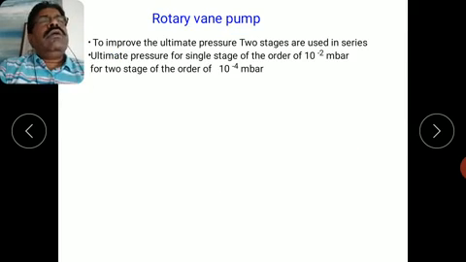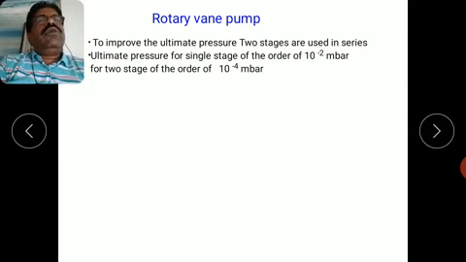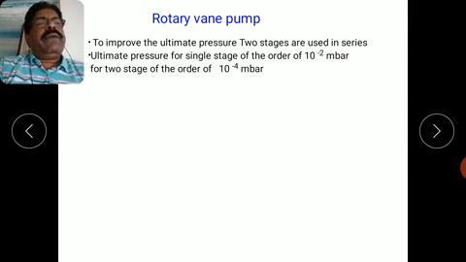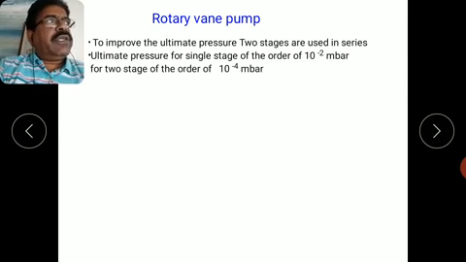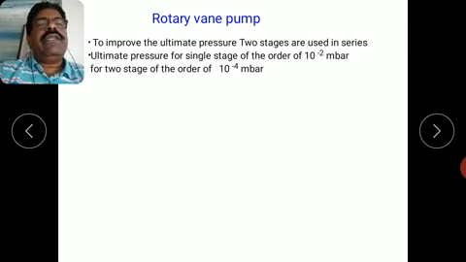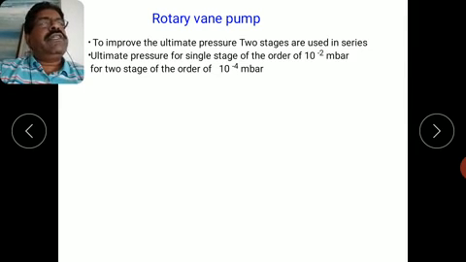To improve the ultimate pressure, if you want to achieve a high ultimate pressure, instead of using a single stage of this rotary vane pump, one can cascade. For example, two stages, where one stage can be serially connected to the other rotary vane pump.